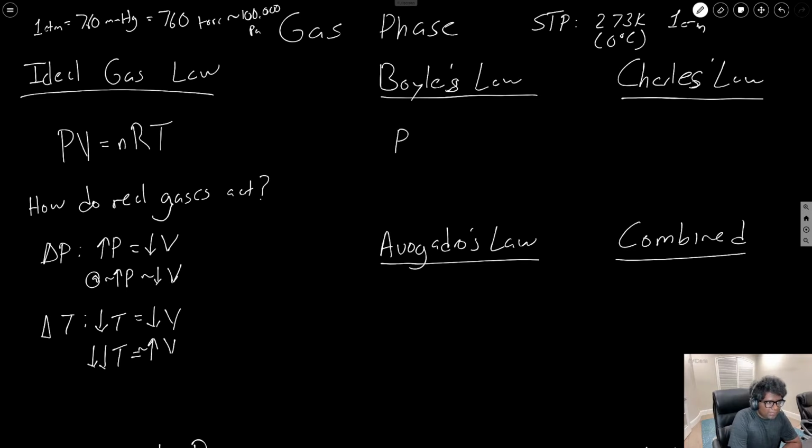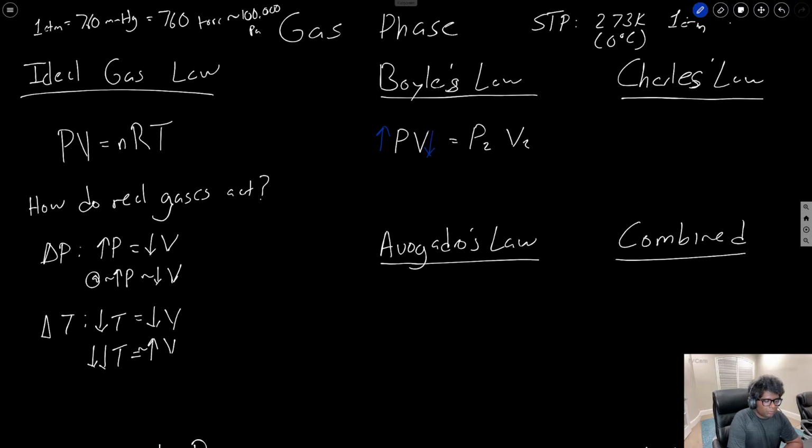So, Boyle's law. It is P1V1 equals P2V2. I'll circle the constants later. They have a relationship with each other. An increase in P1, or an increase in pressure, will lead obviously to a decrease in volume, right?